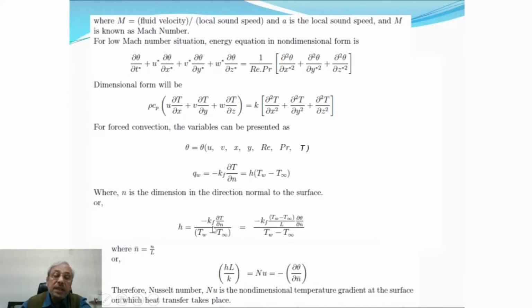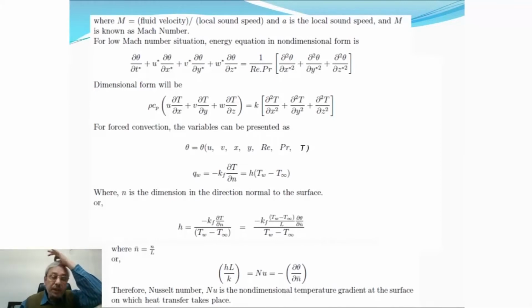This K is K fluid into del T del N over TW minus T infinity, or we can write minus Kf, if we non-dimensionalize this quantity del T del N, TW minus T infinity, by L into del theta del N bar, where N bar is N by L, the normal direction.